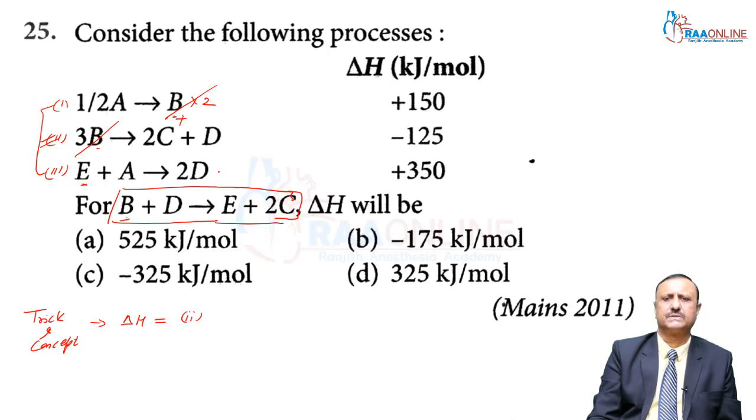So, this equation is negative, means you reverse this equation, then you get the 2D, reverse of this equation or minus of this value, and here multiply by 2. So, my dear students, this equation is converted to 2D to give E plus A.